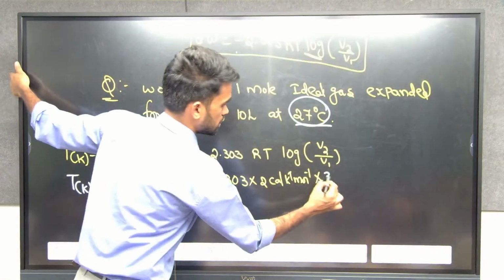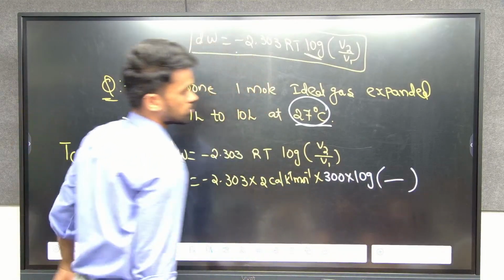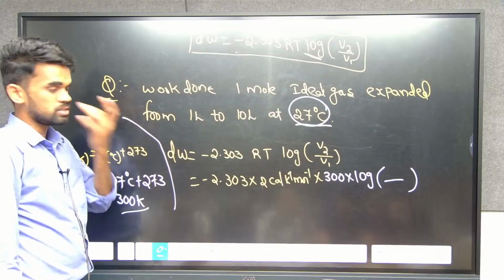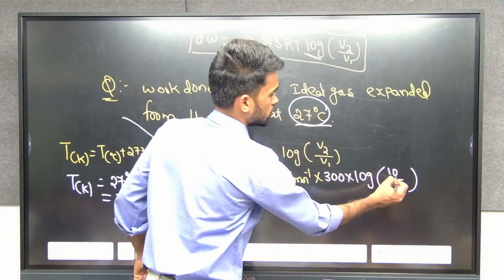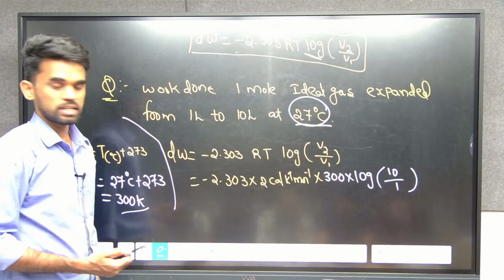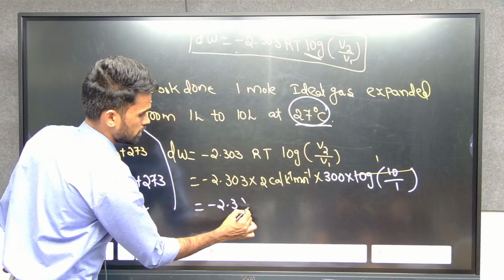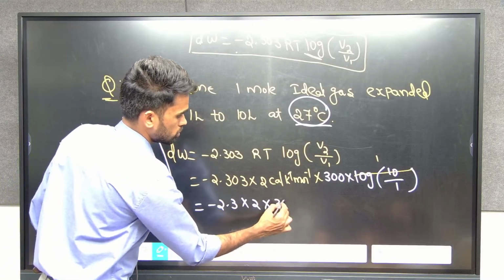So take here 300, multiply with log V2 by V1. Final volume is how much? 10 by 1. So log 10 is 1. So finally you have 2.3 into 2 into 300.